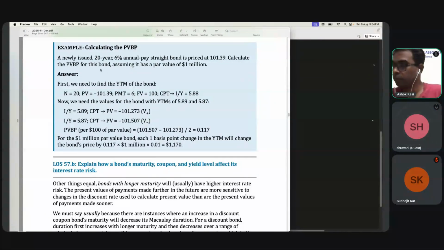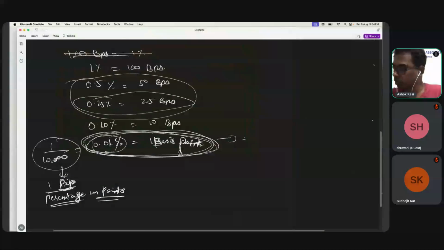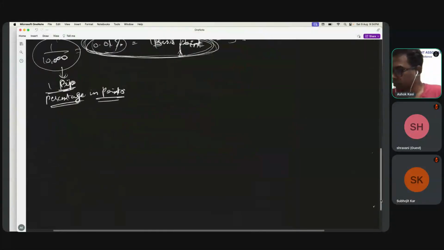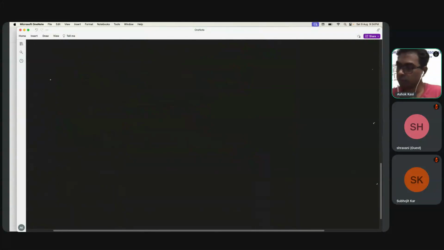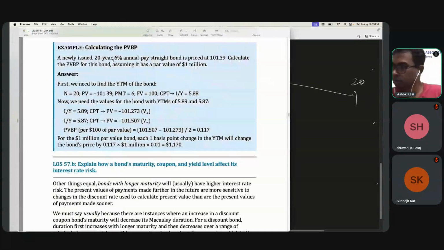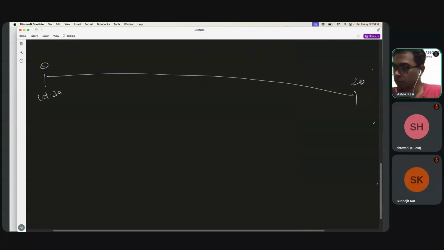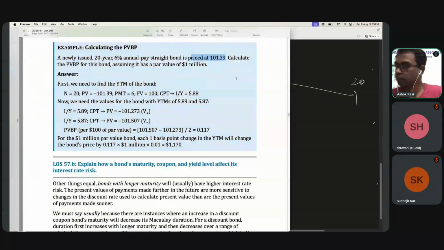Calculate the PVBP, the price value of a basis point, for this bond, assuming it has a par value of $1 million.